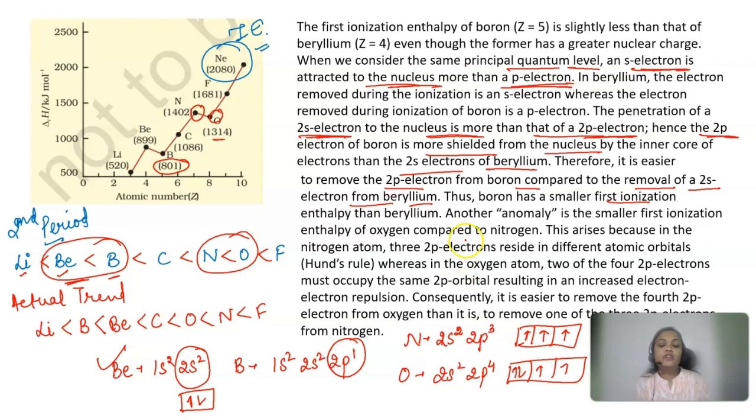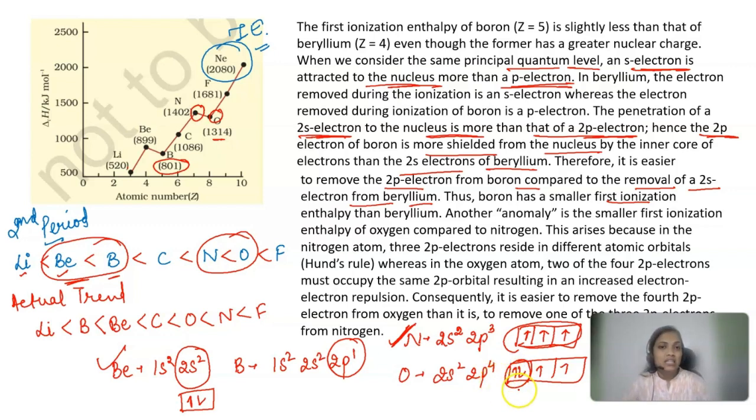Now students, first of all you should know that half filled and fully filled subshells are extra stable. So this 2p3 is more stable than 2p4, okay, because it is half filled. Why? Because here the electrons are in different orbitals. Okay, in oxygen these two electrons are in the same orbital, so they have increased electron repulsion.